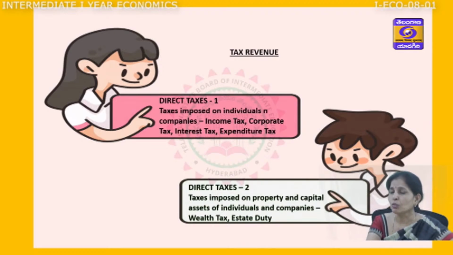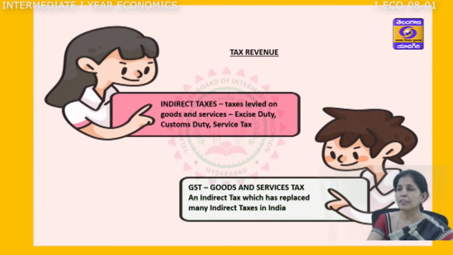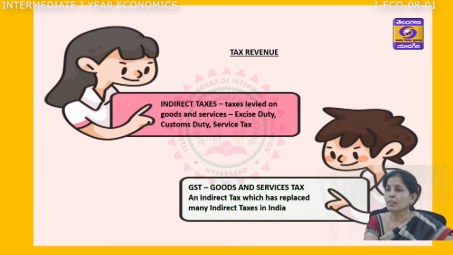So tax revenue has direct and indirect taxes. Under direct taxes, there are taxes imposed on individuals and companies, and taxes imposed on property. The next one is indirect taxes, the taxes levied on goods and services, that is excise duty, customs duty and service tax.